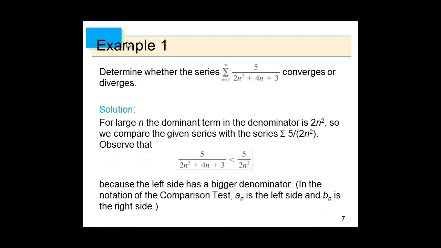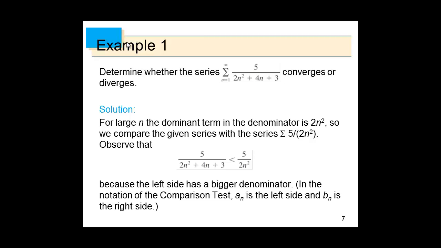So let's do that. First of all, is this inequality correct? Is the nth term of my series smaller than 5 over 2n squared? Why is that? Obviously, the denominator on the left is bigger.